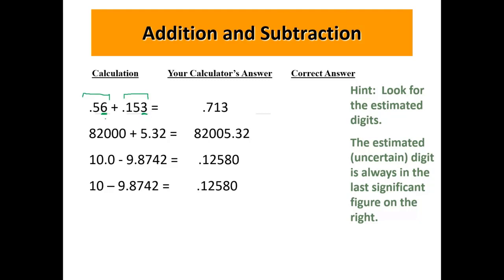So which has a greater uncertainty, the 0.56 or the 0.153? The 0.56, the 100th place. So I'm going to stop my answer in the 100th place, at 2 decimals. The calculator gives me the answer 0.713, but I'm going to record the answer as 0.71. Does that make sense?